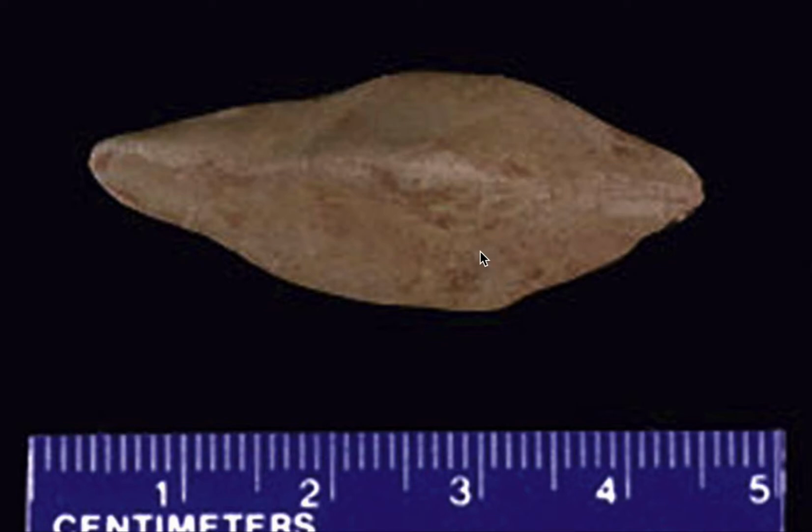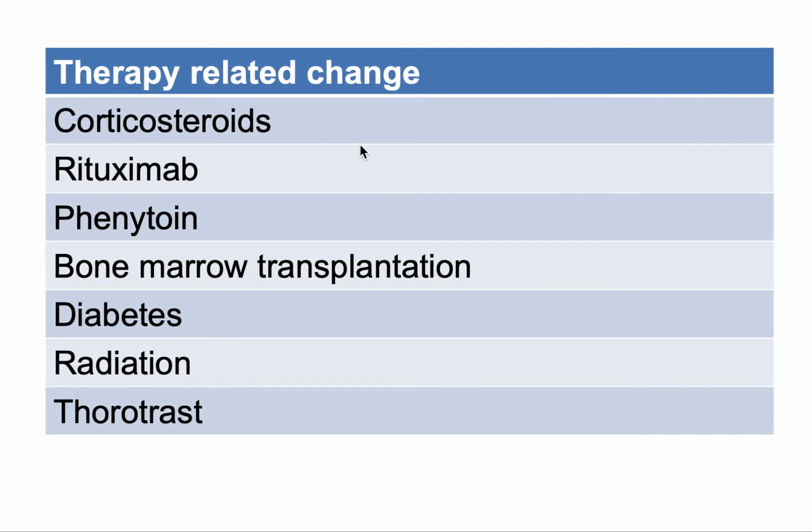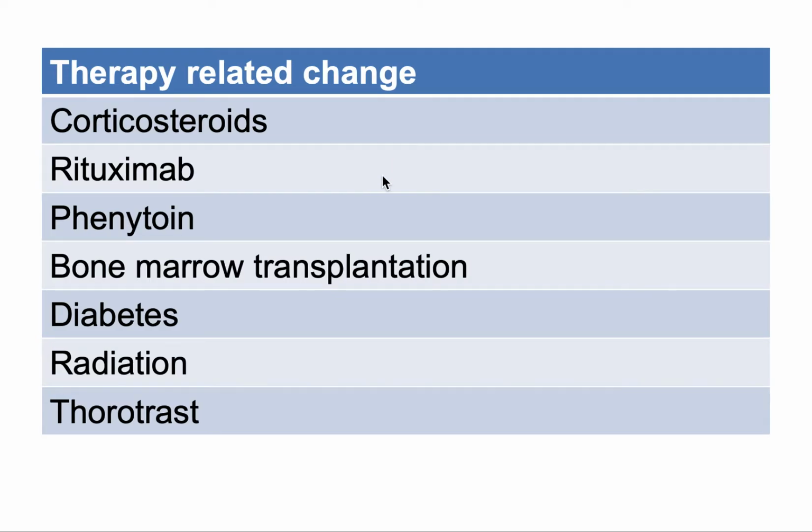Sometimes the spleen can infarct and shrink, such as in sickle cell anemia. They can scar. Other therapy-related changes are due to corticosteroids, rituximab, phenytoin, after bone marrow transplantation, diabetes, radiation, Thorotrast.